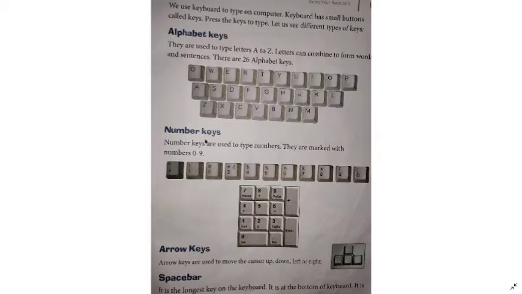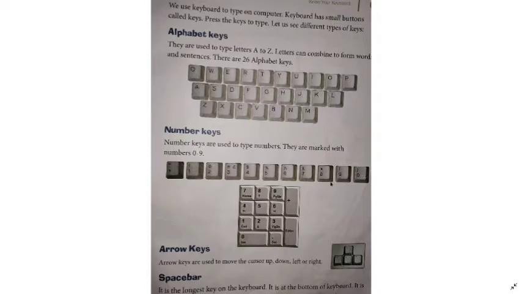Second, we will learn about number keys. Number keys are used to type numbers. They are marked with numbers 0 to 9. Whenever we look at the number keys, we have numbers present from 0 till 9.